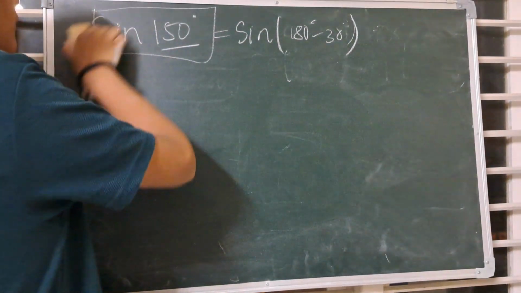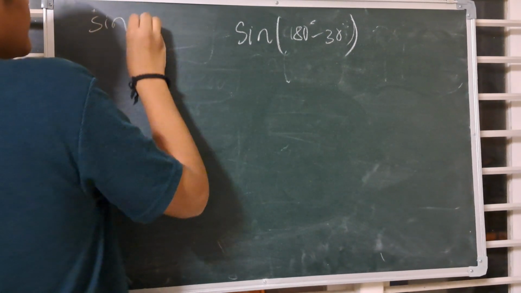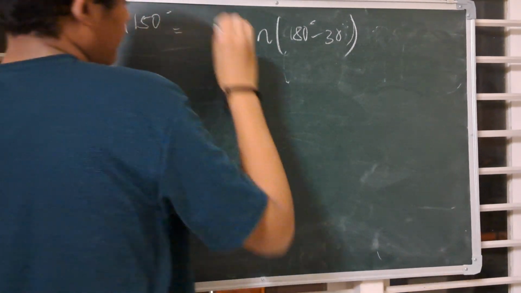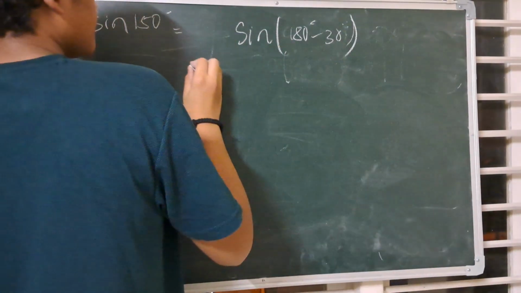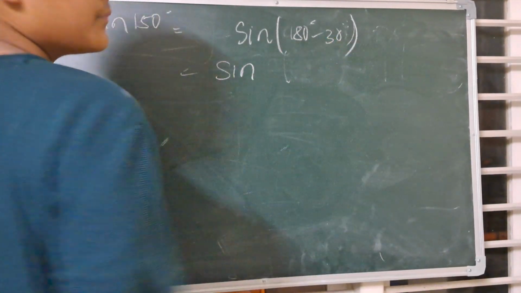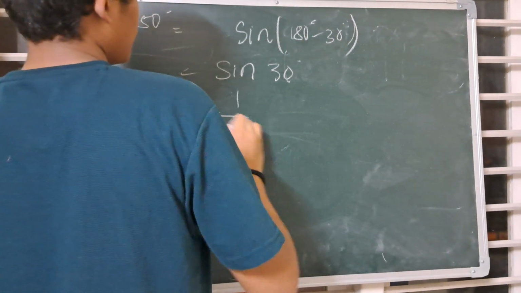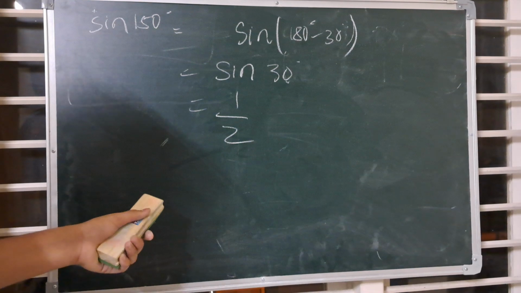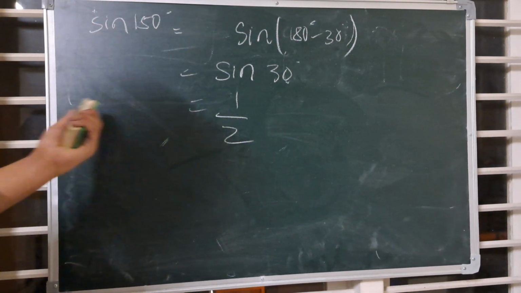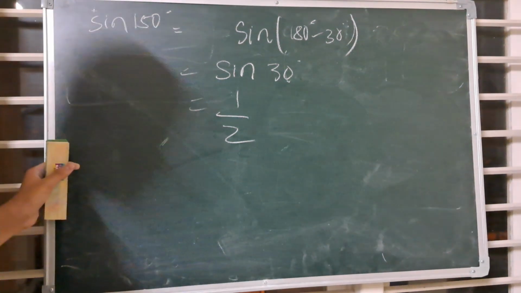So if 180 is there, there will be no change in the sign. So sin 180 means sin only. Sin 30, the value of sin 30 is also 1 by 2. So in the previous method also we got the answer as 1 by 2, and here also we are getting the answer as 1 by 2.